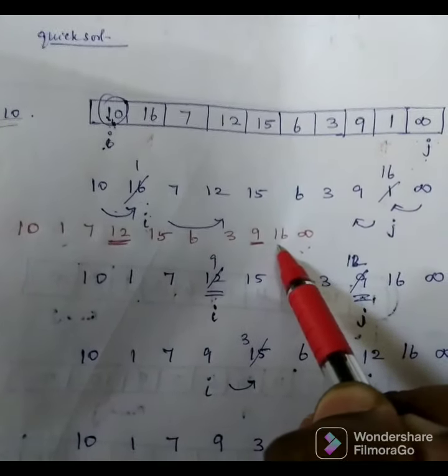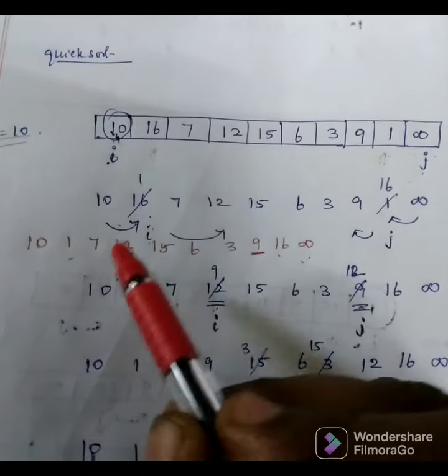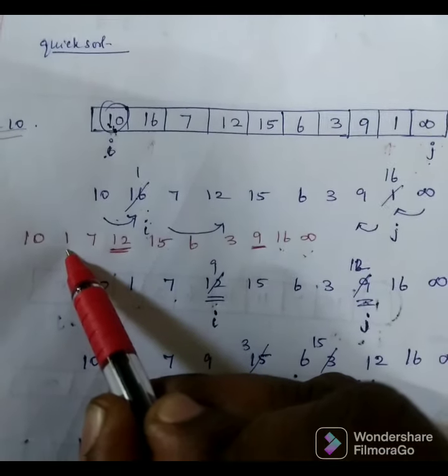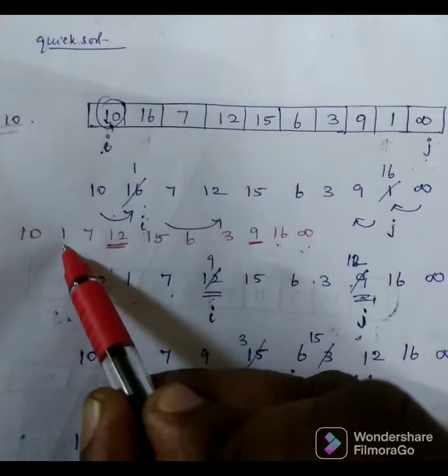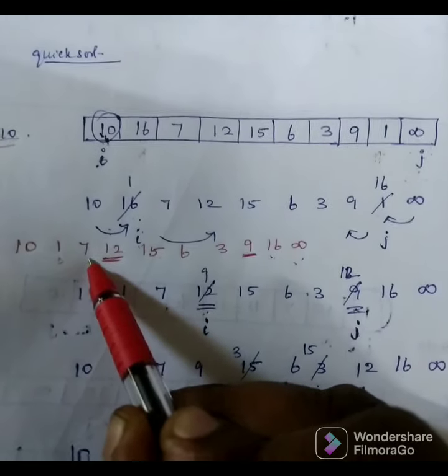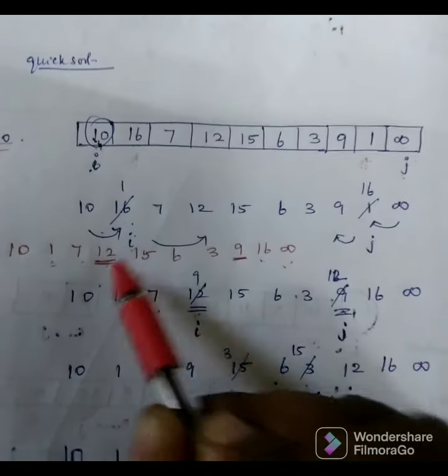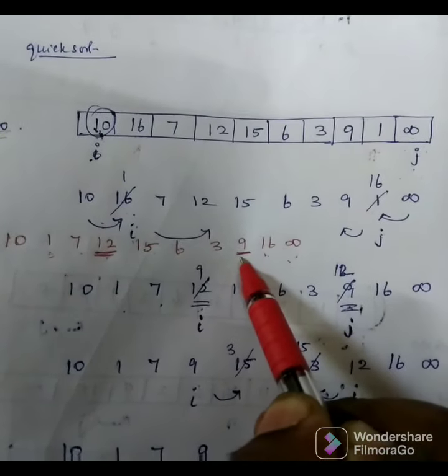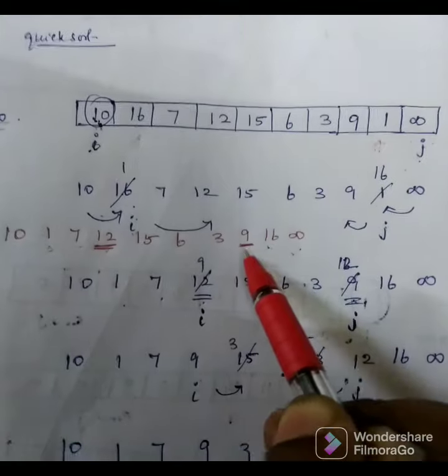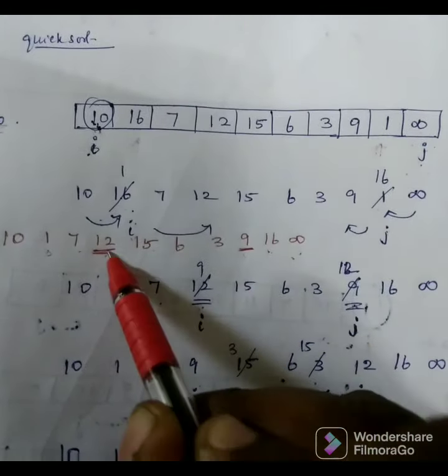Now we have to continue this. Increment i until you find a number greater than 10. This is not, so i moves on. Decrement j until you find a number smaller than 10. It's smaller, so j will be here and i will be here.